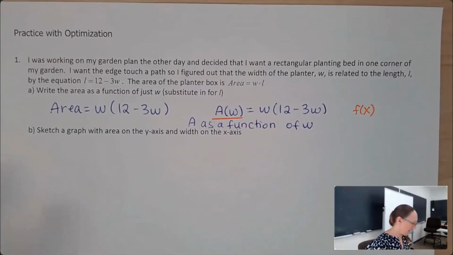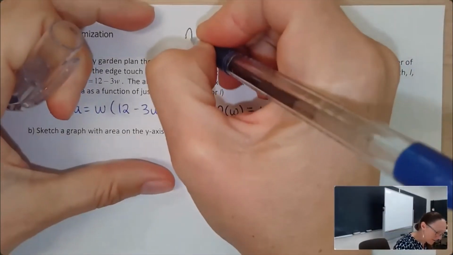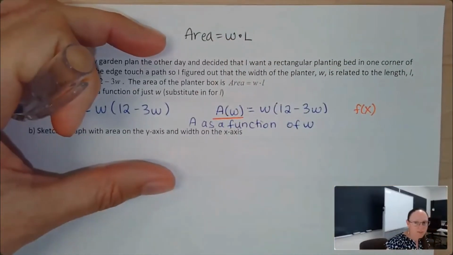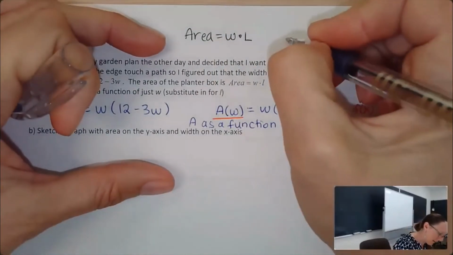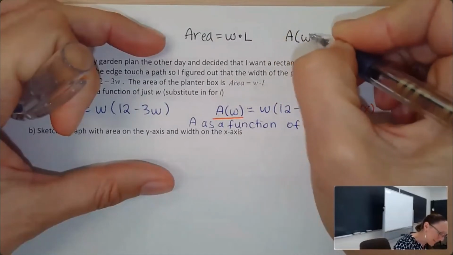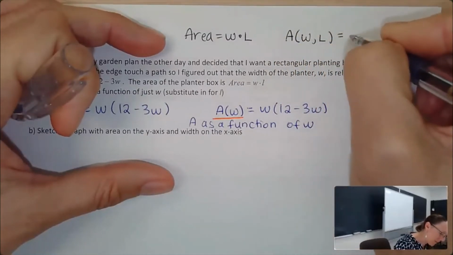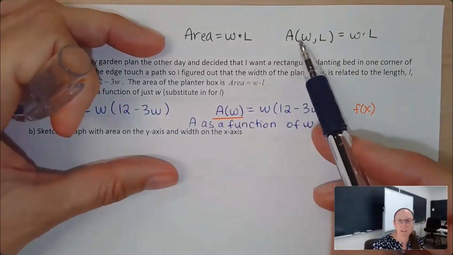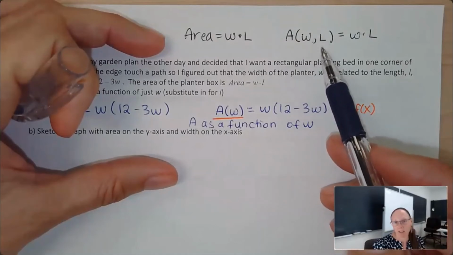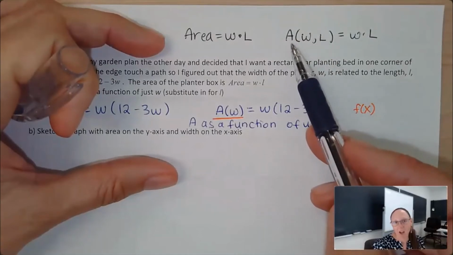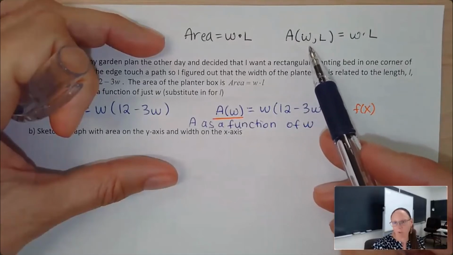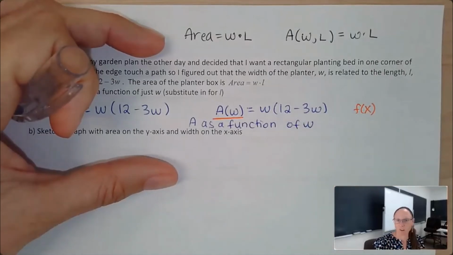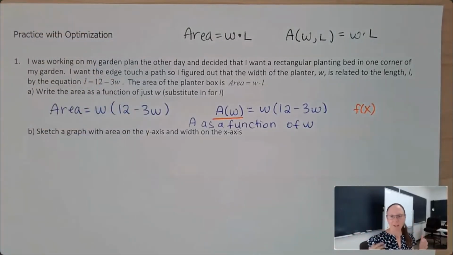Just as a side note, if I was looking at area equals W times L, then another notation that I could use is area, and then in parentheses, I could put W comma L. And this would imply that in order to find the area, I would need to know the values of both W and L. So we would say A as a function of W and L. And we'll have a bunch of stuff like this when you get to third quarter calculus, whether it's 16A, 17A, or 21A.